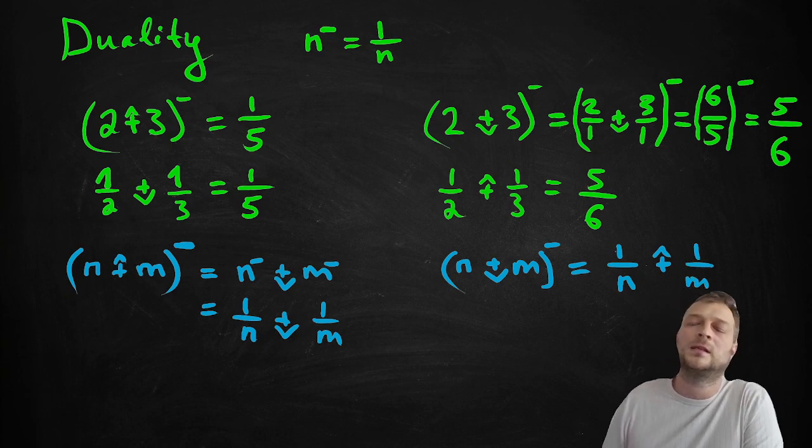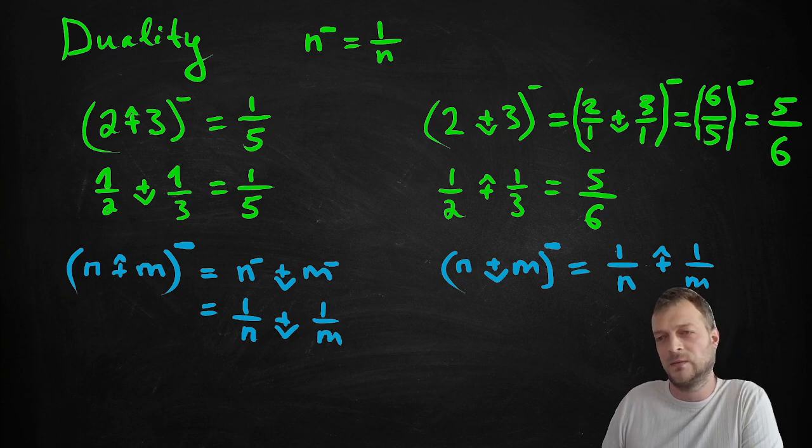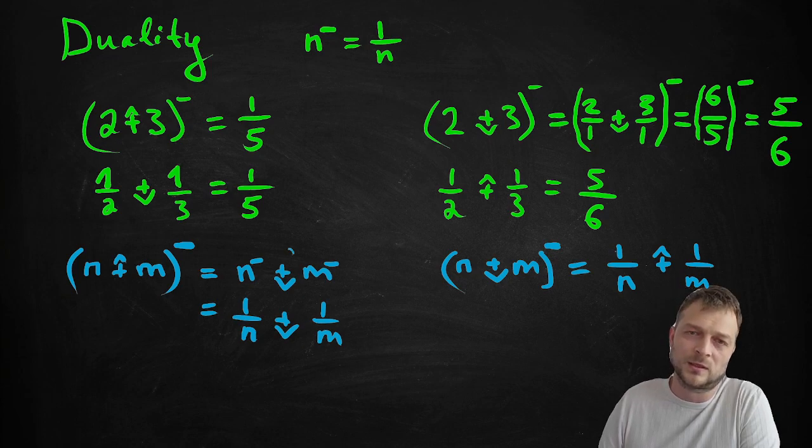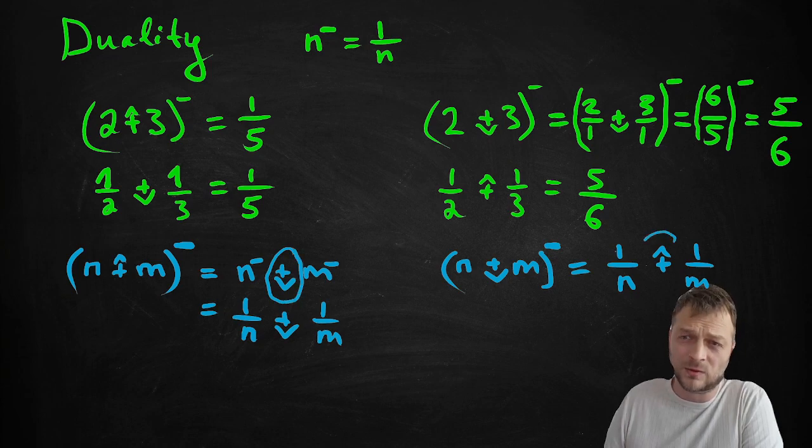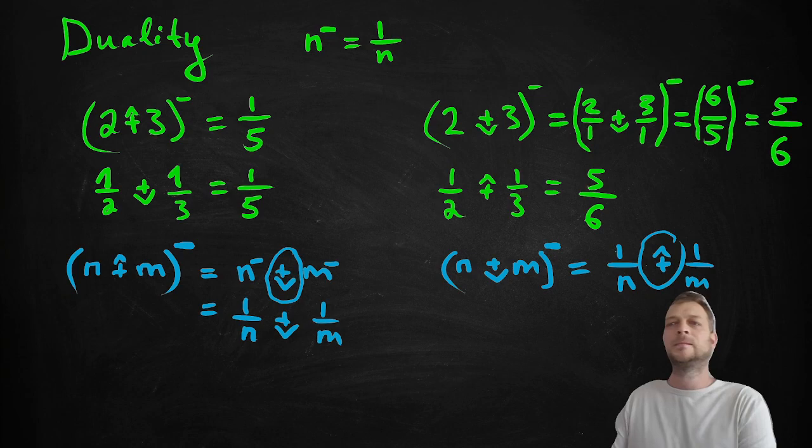So we see that minus, the operation of taking inverse, works like an isomorphism between our two operations: the operation of dual plus and the operation of standard plus.